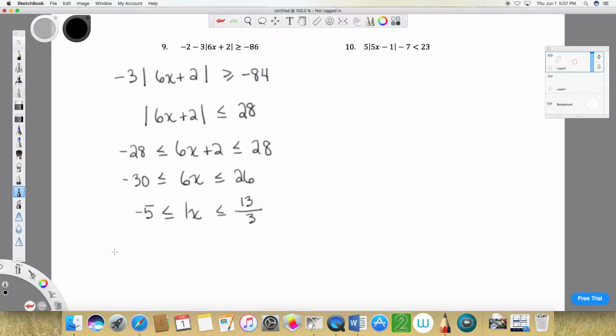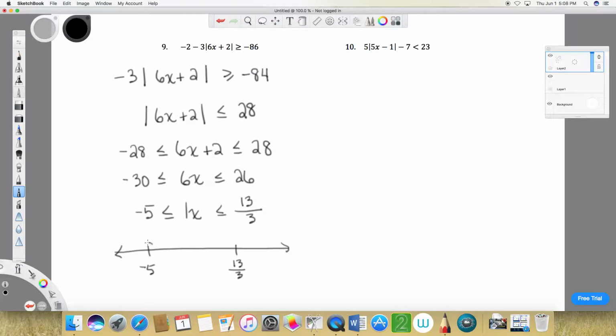So I can make a sketch on the number line to see if it does fit what I was expecting, being the middle portion that's shaded. So from negative 5, 13 divided by 3 is an improper fraction. I know that 12 divided by 3 is 4, and 13 divided by 3 is going to be a little bit bigger than 4.